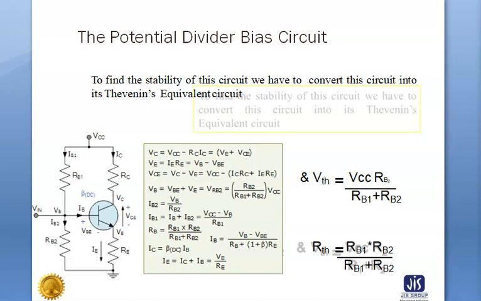So far we have looked briefly at mainly 4 types of configuration for transistor biasing using mainly resistive networks.